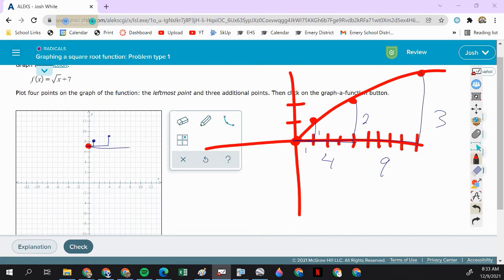And over 9, up 3. So if I put those 4 points, I don't know if that worked or not.